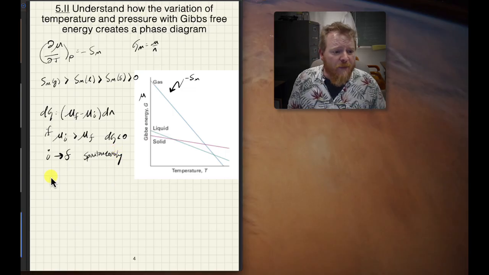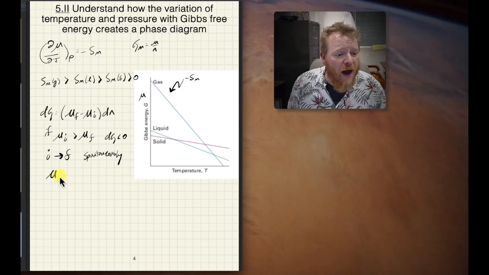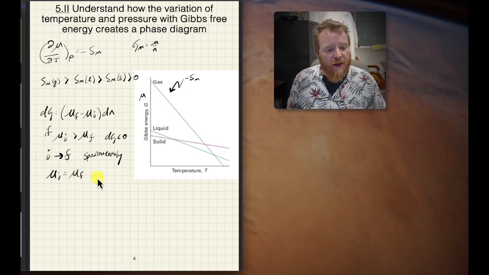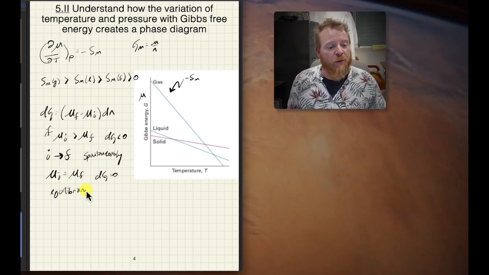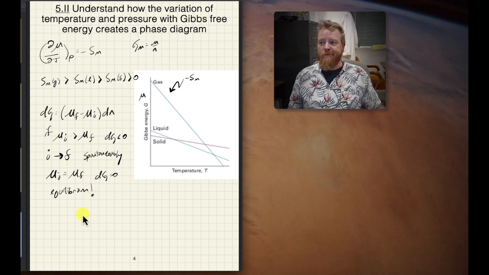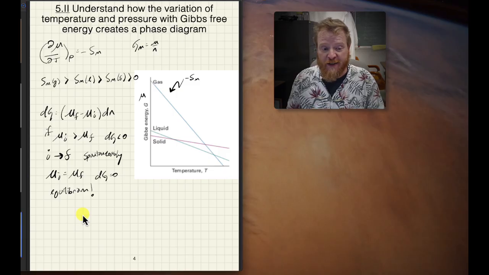Okay? If mu initial equals mu final, then dG equals 0, and those two phases are in equilibrium with each other, okay? Which would represent a critical point on our phase diagram.